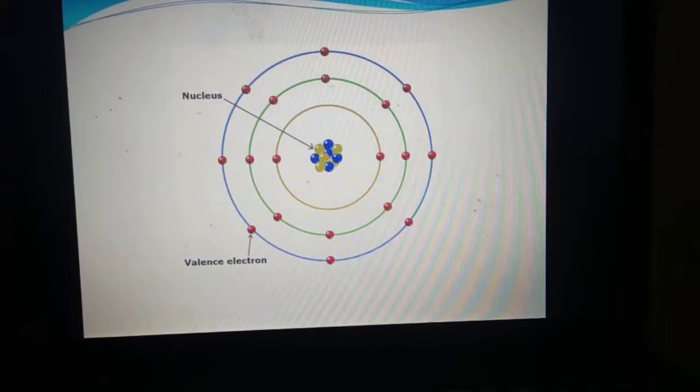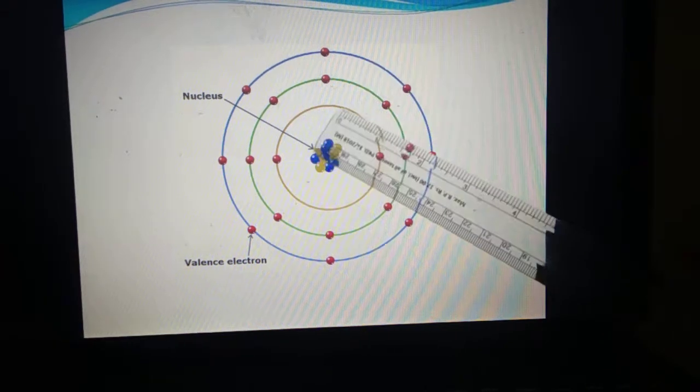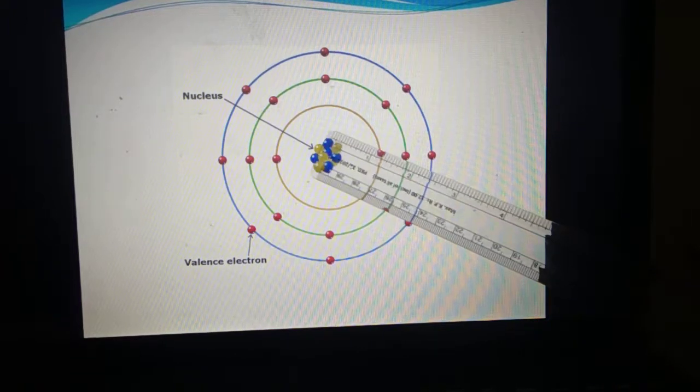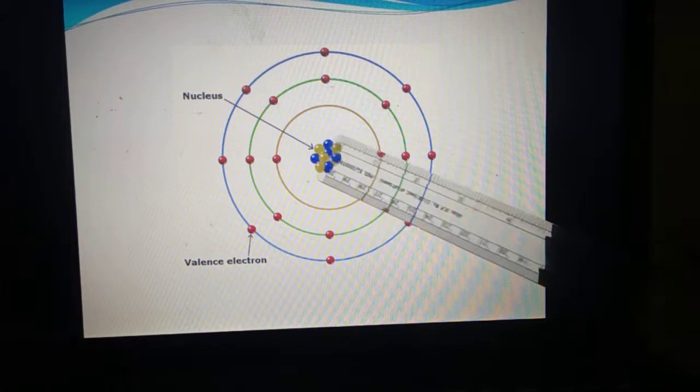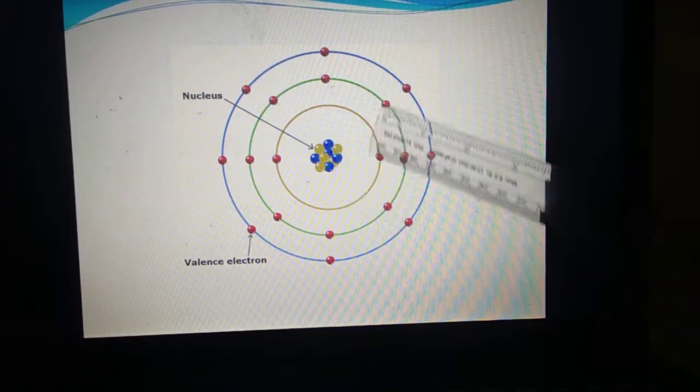So what is outermost shell electrons? Let's take examples. This is structure of atoms. Inside there is nucleus. This nucleus is composed of protons and neutrons. Protons are positive charge and neutrons have no charge, neutral, surrounded by electrons.